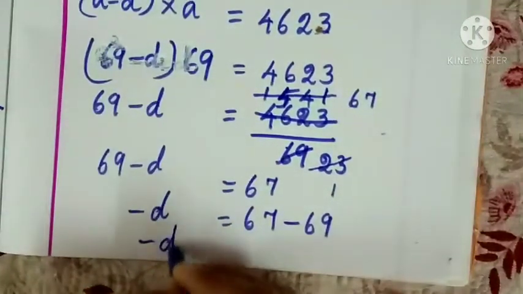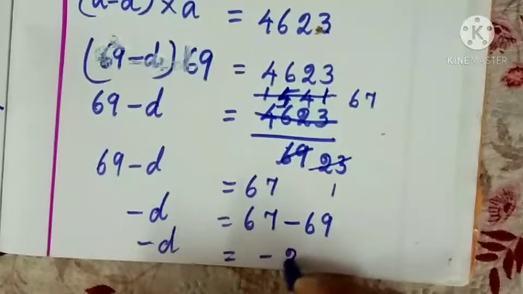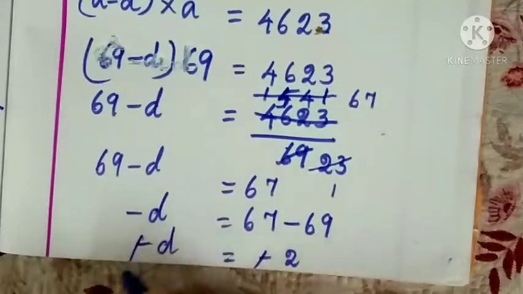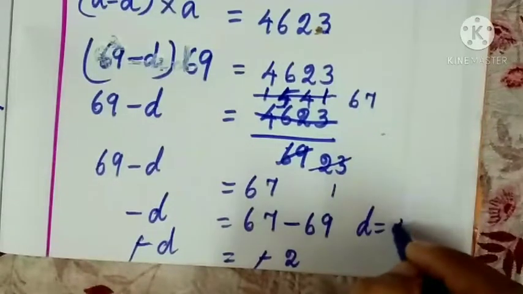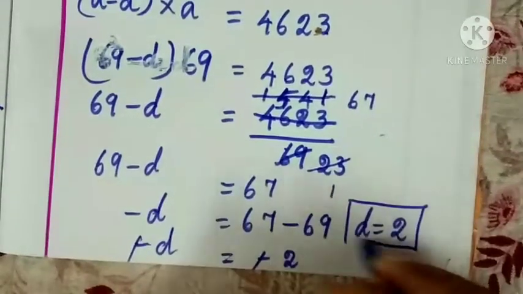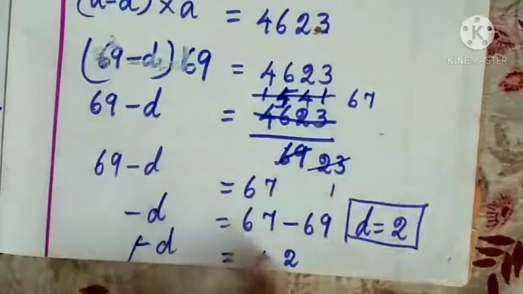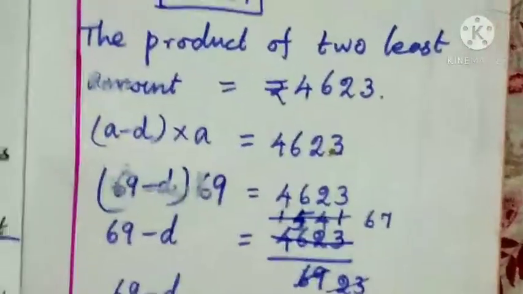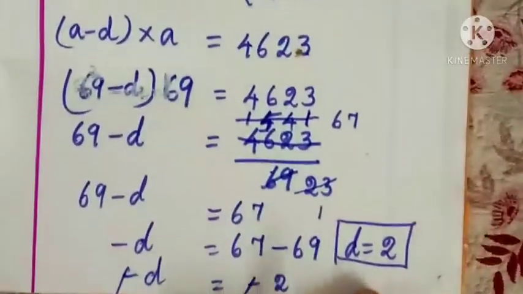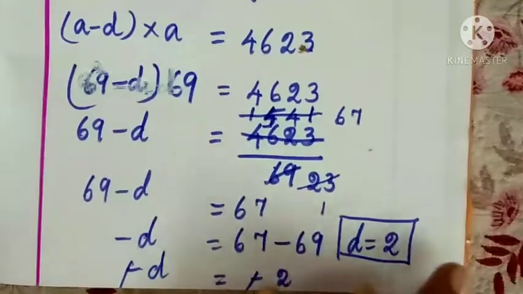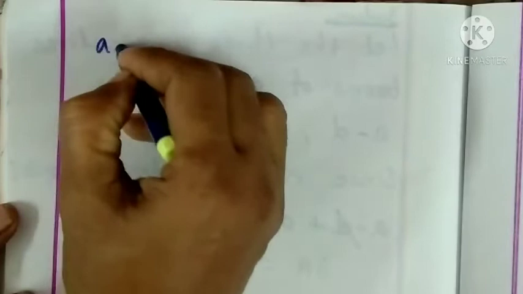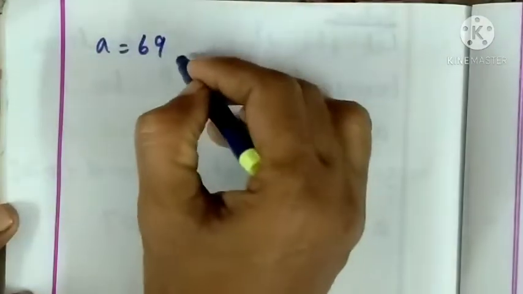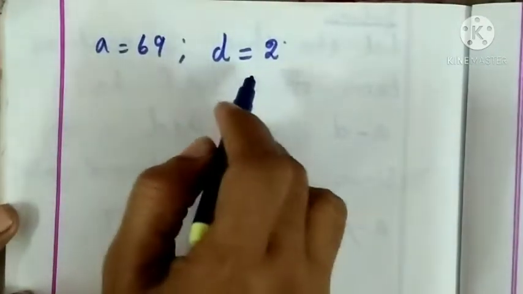Minus D is equal to minus 2. Here minus minus cancel and we get D is equal to 2. Now, we have the value of A as 69 and the value of D is 2. Take down and write.